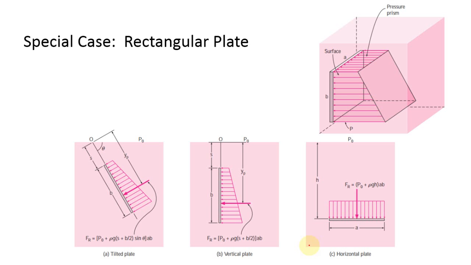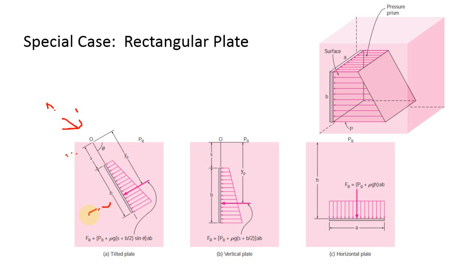Okay, so here we have a special case of a rectangular plate. I'm not going to go through this in detail, but I want you to look at the arrangements here, and I want you to relate it with what you already know. So you have a plate here which is inclined, and you can see the pressure distribution.